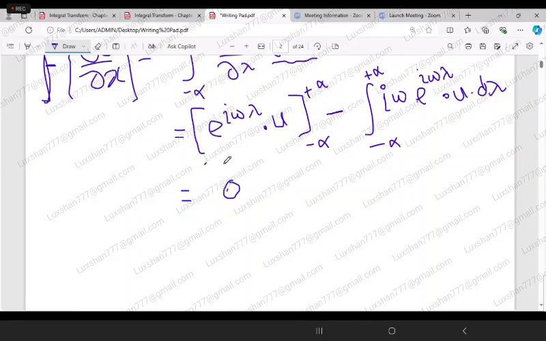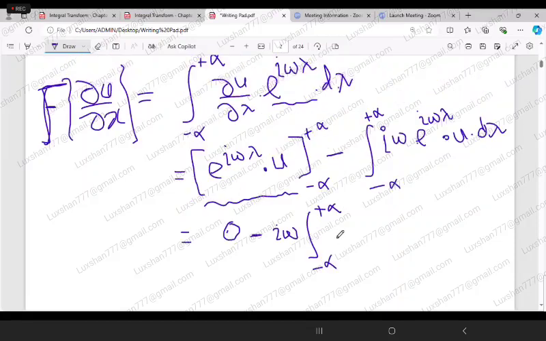So we get 0 minus, taking iω out, minus iω integral from minus infinity to plus infinity of u into e to the power iωλ dλ.